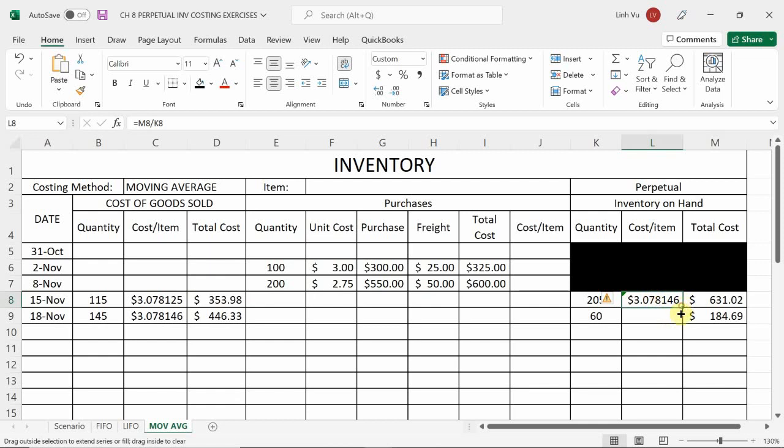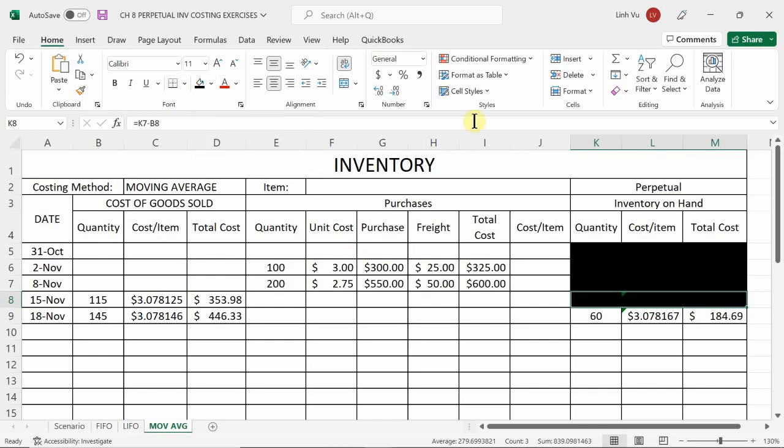So 60, and your new cost is 3.078166. Yes, good. Like I said, 6 decimal places should be good enough.